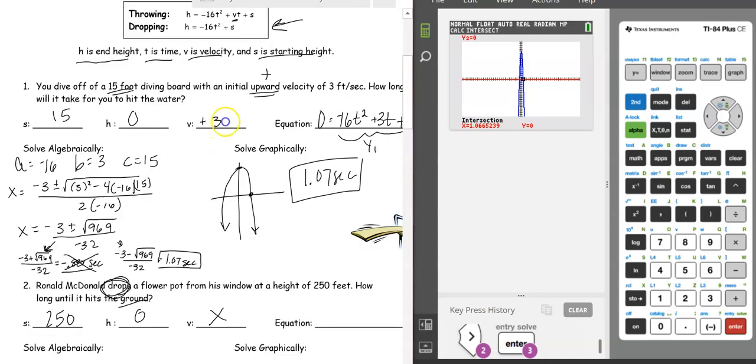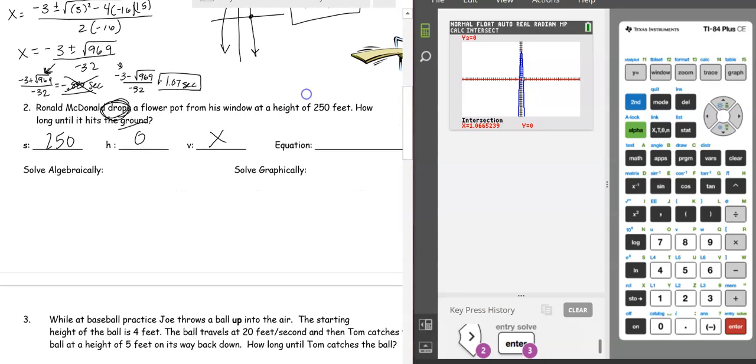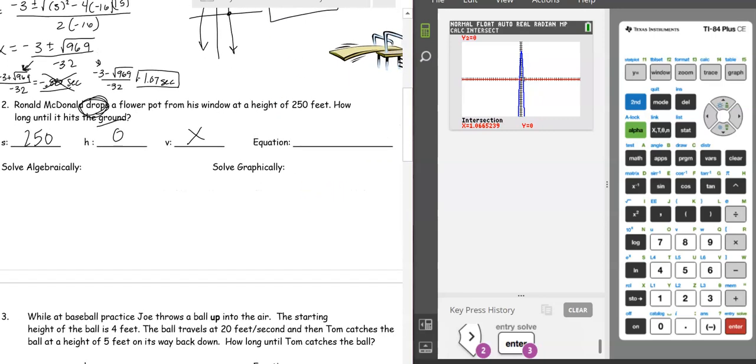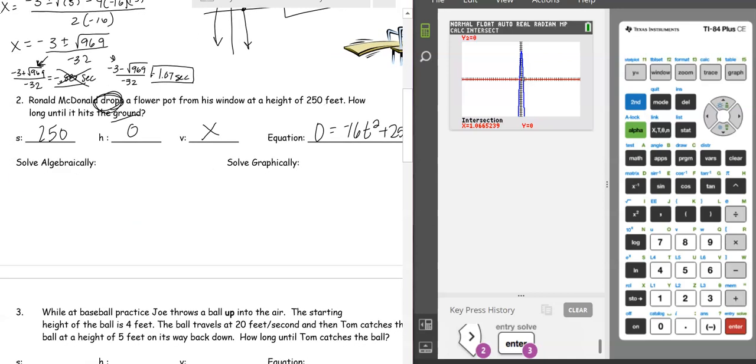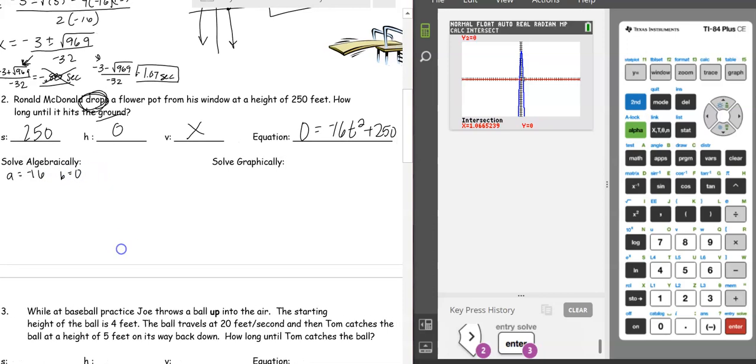Okay, so this is going to be the other equation of dropping. So your equation is your ending height equals negative 16t squared plus 250. So if we were to solve this algebraically, a is negative 16, b is 0, and c is 250.